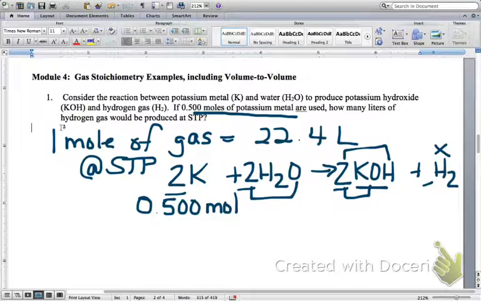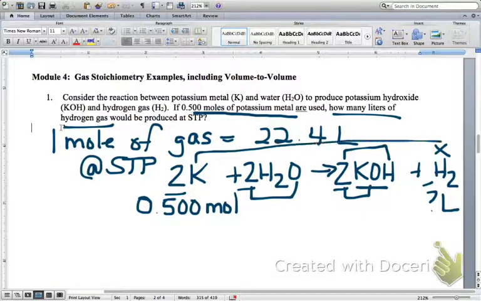And then it says how many liters of hydrogen gas will be produced. So over here under the hydrogen, the question mark is how many liters. So we're trying to go from moles of one substance over here to liters of another substance. But remember, if I'm going to convert from one substance to another, what unit do I have to go through?